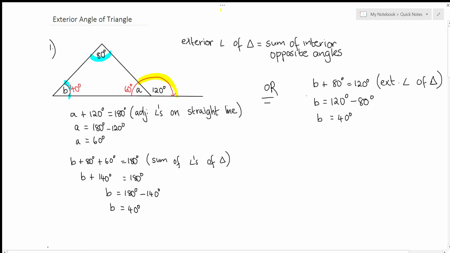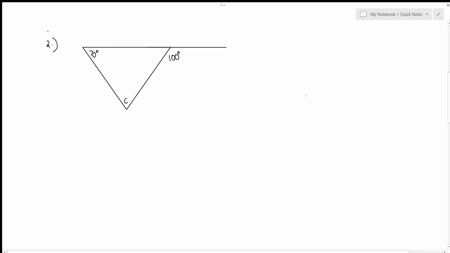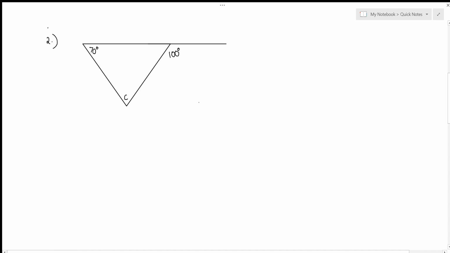Okay, let's have a look at another example. Let's look at number 2. We are given an exterior angle, which is 100 degrees, and the interior opposite angles are the 70 and C. So C plus 70 degrees is equal to 100 degrees, exterior angle of triangle.